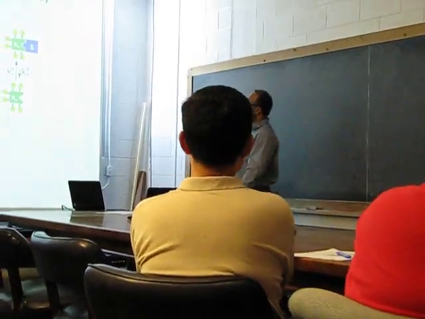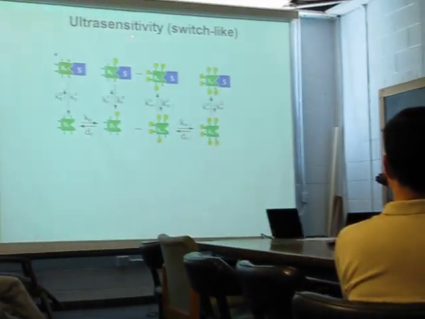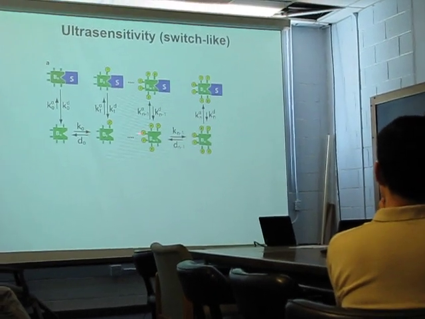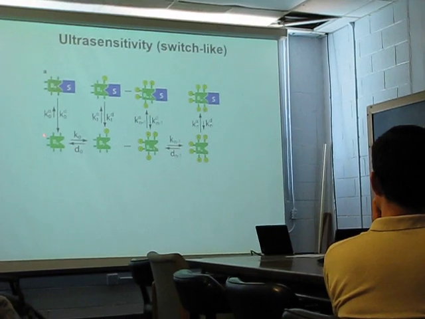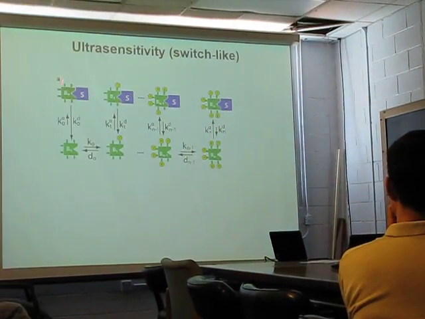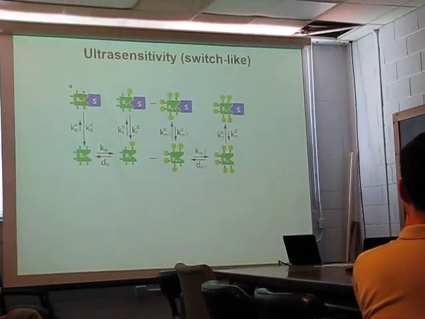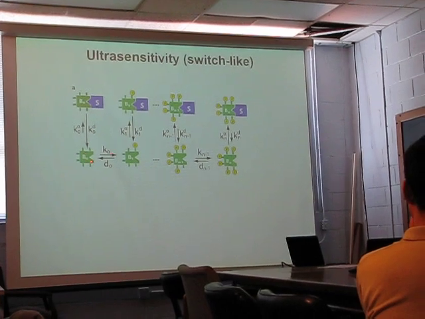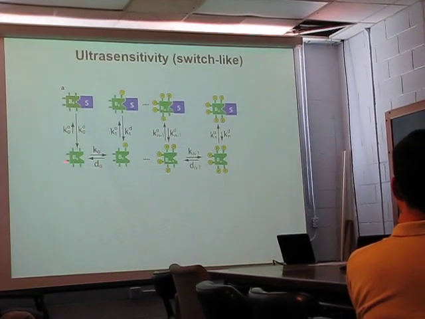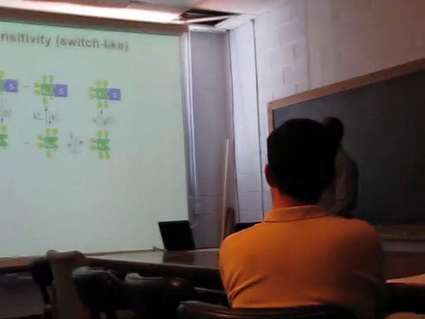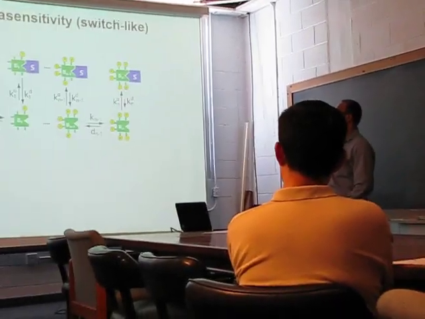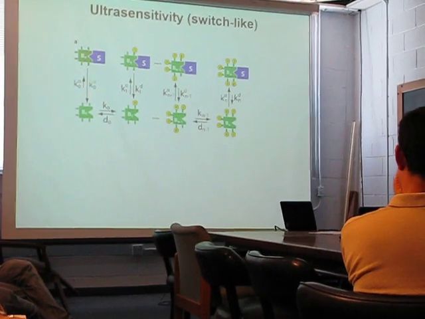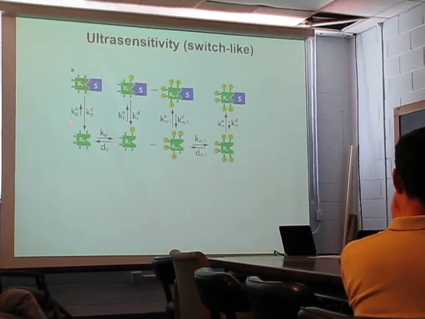We will consider several generic models. This is one of the models where the protein is bound to the scaffold. This is the scaffold-bound complex, and the phosphorylation is happening in the protein only. Here there is no phosphorylation or dephosphorylation, and this is the addition of the scaffold and dissociation of the scaffold happening here.